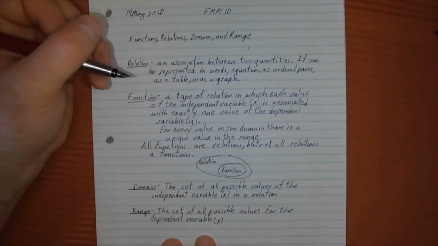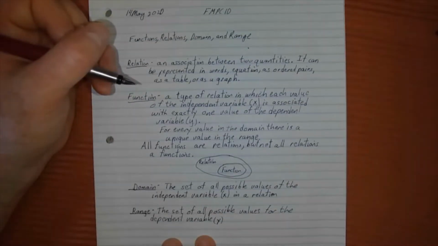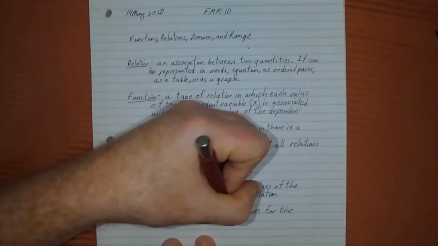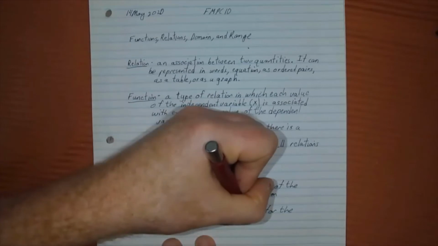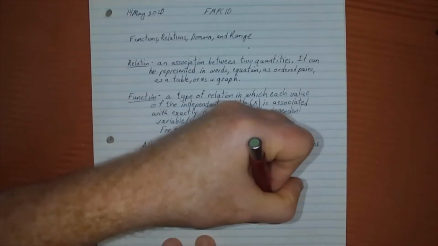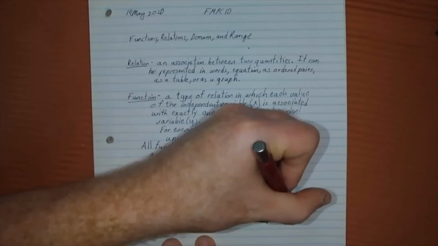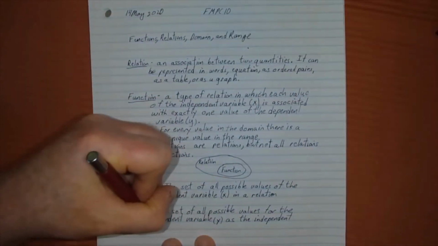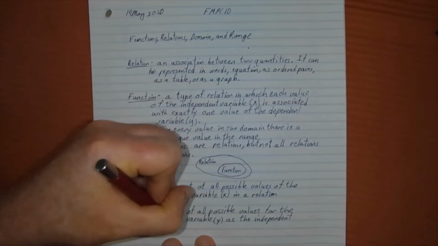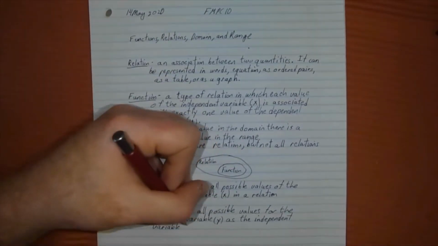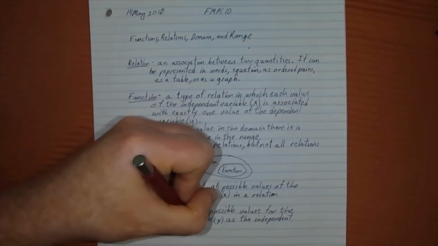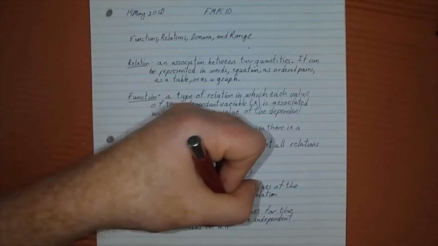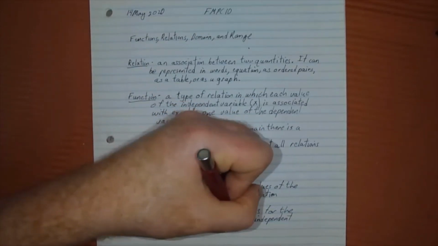Y. And it goes a little further just to say that as the independent variable takes on all possible values of the domain, the range is the set of the resulting values.